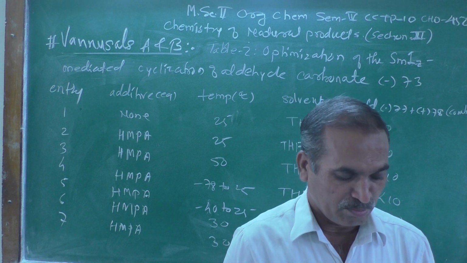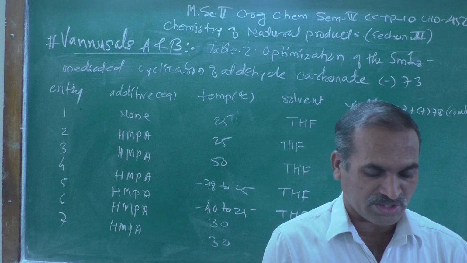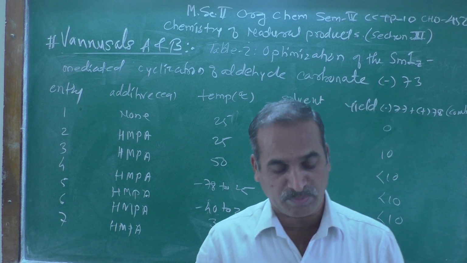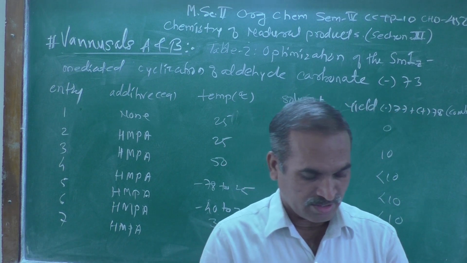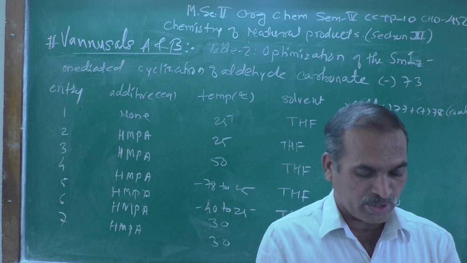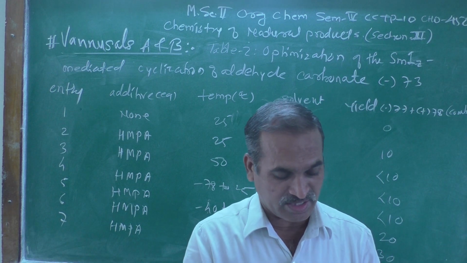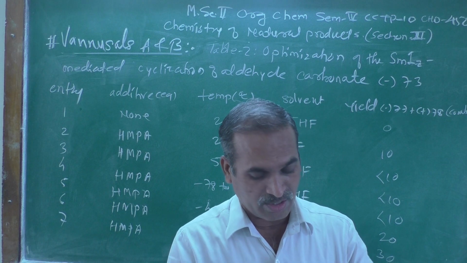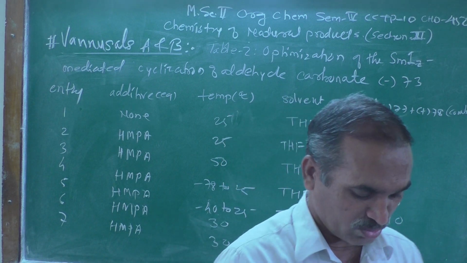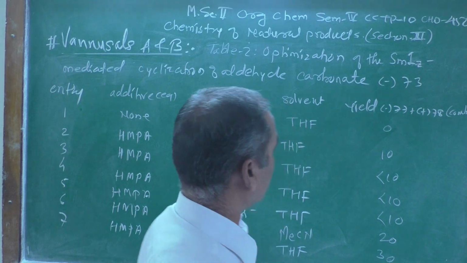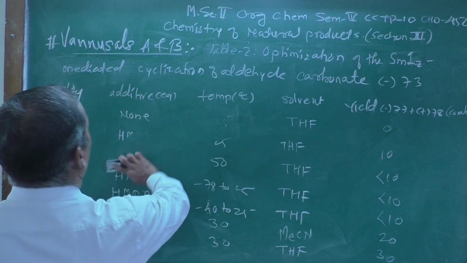a Mitsunobu reaction as shown in scheme number 15, and that Mitsunobu reaction, which we already discussed in our previous lecture in detail, we are going to come across in this scheme also.